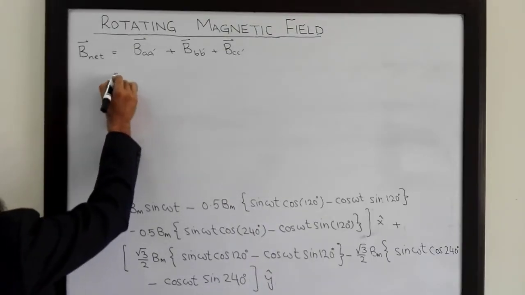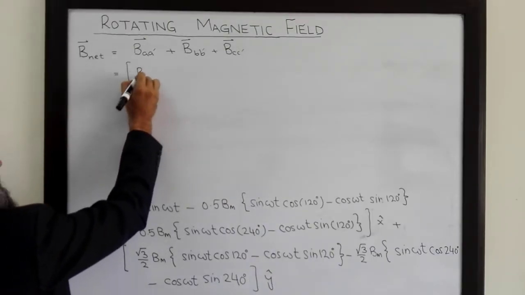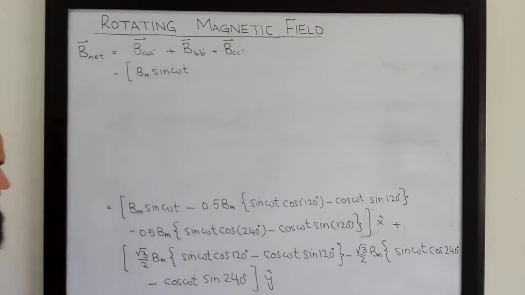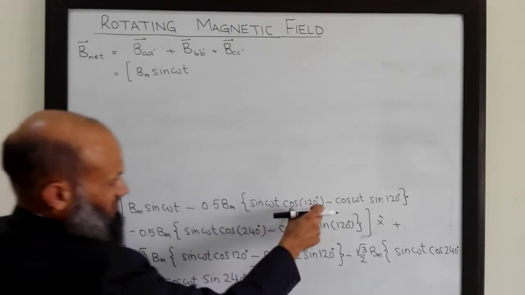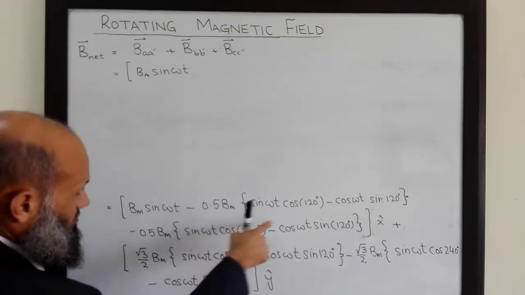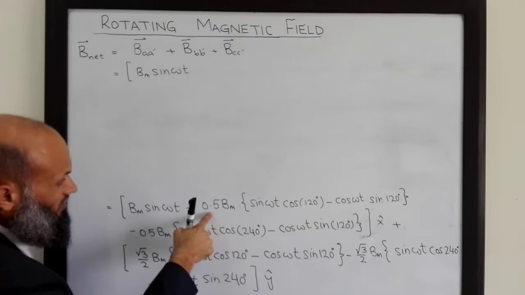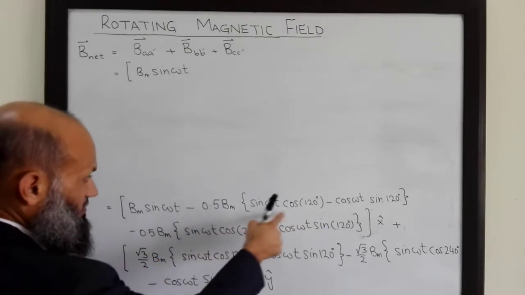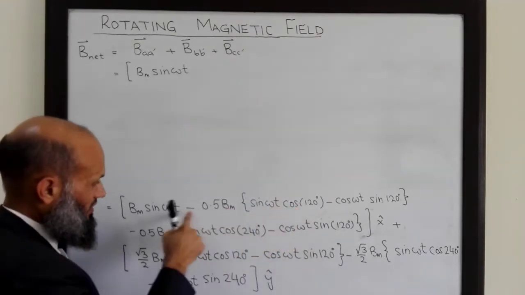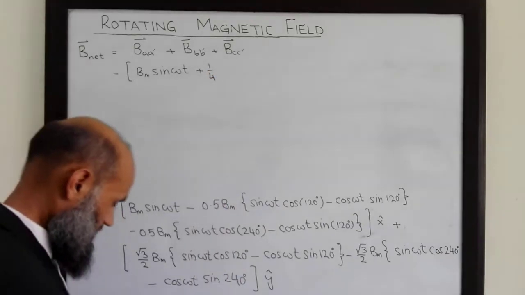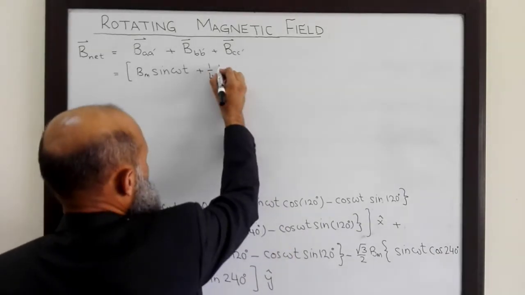So this is equal to Vm sine omega t. Cosine of 120 degrees, that is minus 0.5. So this 0.5 multiplied by this 0.5 is 0.25, and this negative sign of this cosine and this negative sign is positive. That term is written over here, 1 by 4 Vm sine omega t.